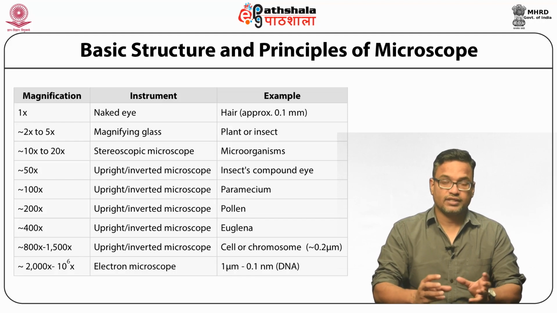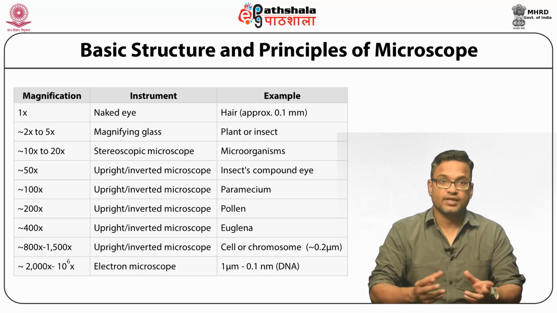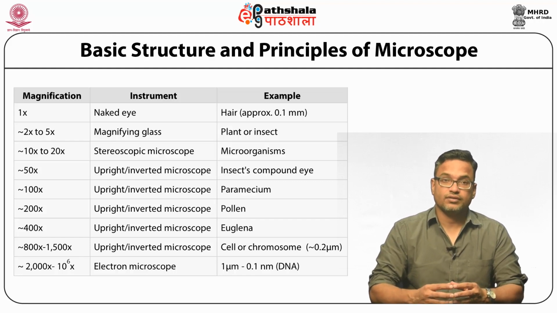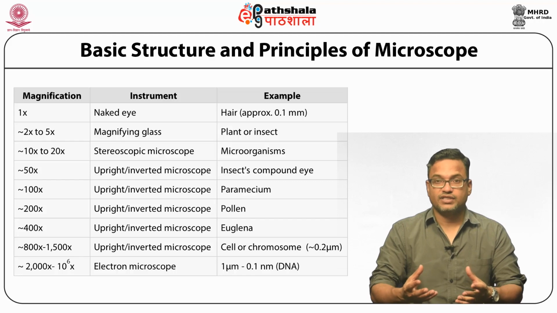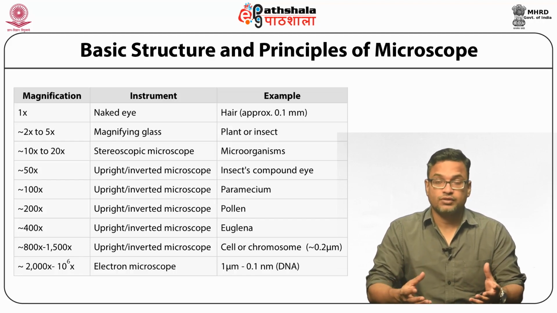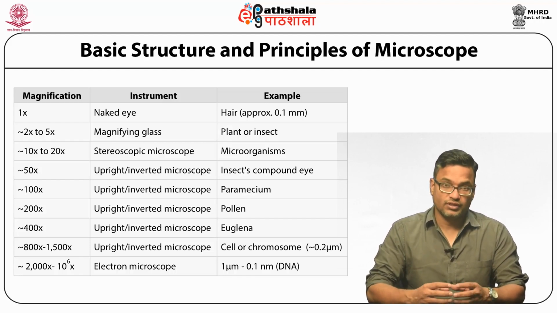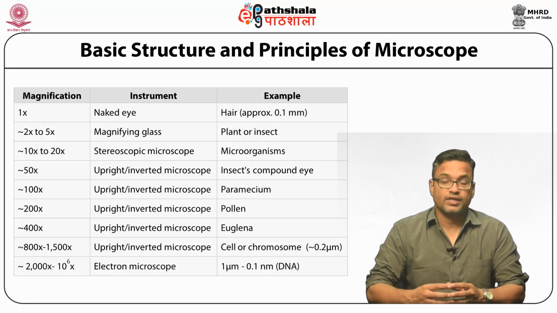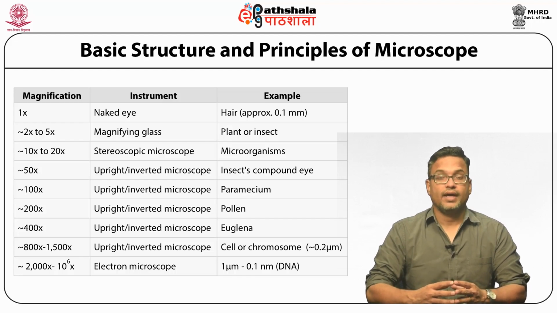The insect eye is a combination of multiple lenses, and we can easily visualize those lenses using 50x magnification with an upright microscope. At 100x magnification, we are looking at either bacteria or paramecium. At 200x we are trying to understand what pollen looks like in terms of its structure and outer outline as well. And then we can go up to 400x and 800x and more.